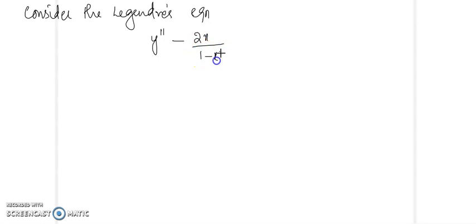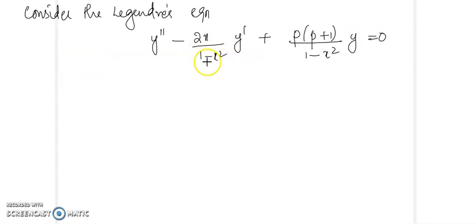So consider the Legendre's equation, that is y double dash minus 2x by 1 minus x square y dash plus p into p plus 1 by 1 minus x square y equal to 0. If you look at the denominator, you have x square minus 1.